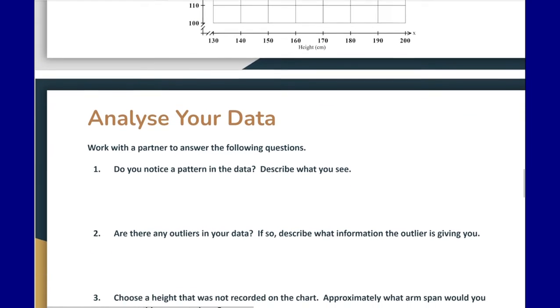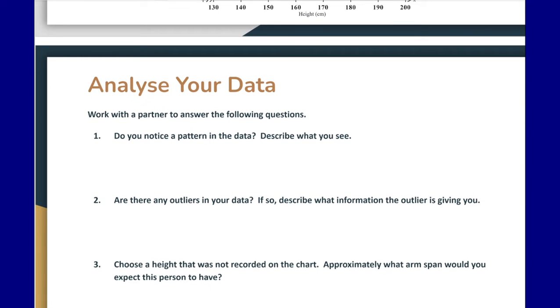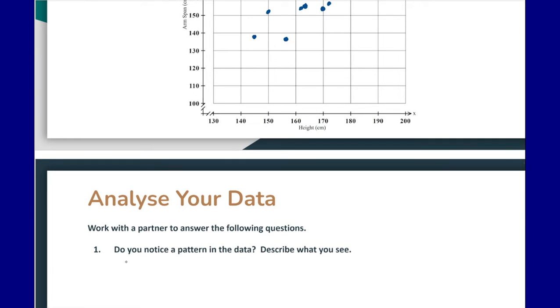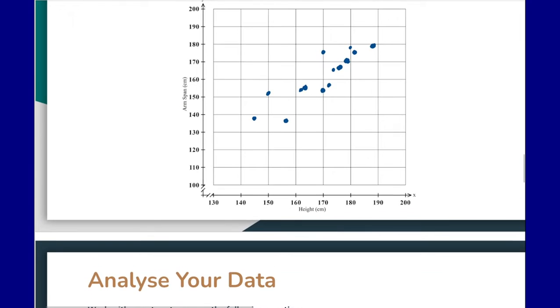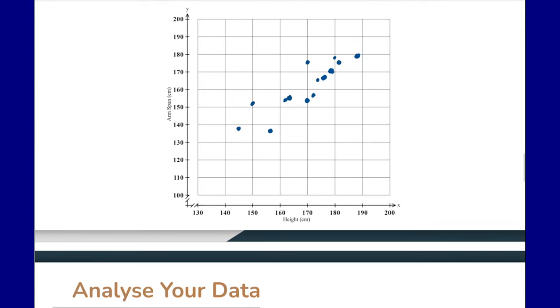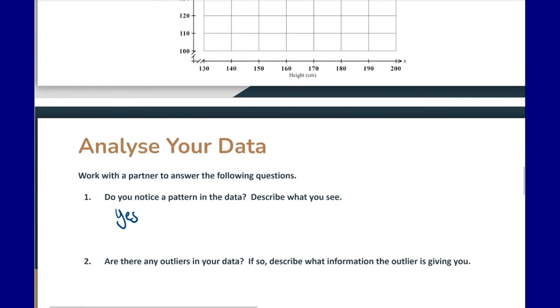Next, what we wanted to do was analyze the data. Right? So looking at this scatter plot, do we notice a pattern and describe what you see? So you should see a pattern in this case. So first off, yes, we do see a pattern. And what do we see? Well, looking at it, we should see that as the height increases, so does the arm span. So that is the pattern that we should be seeing.